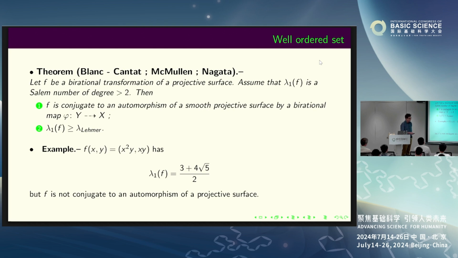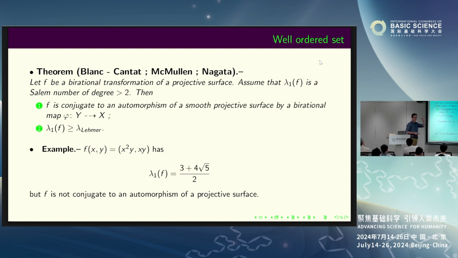He proved that the minimum is the Lehmer number in that case. And so to apply this part of the theory, what we had to prove is some kind of rigidity result: if you know that lambda 1 of f is a Salem number, in fact, this automatically implies that your birational transformation is conjugate to an automorphism.